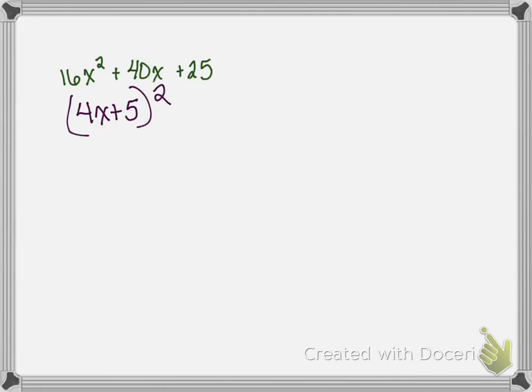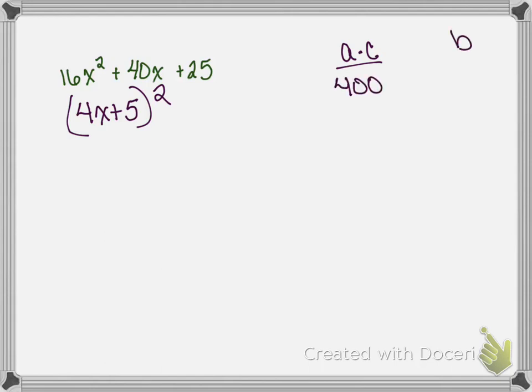But, like I said, I don't look at that and look for a perfect square trinomial. What I do is I go ahead and use my AC method. So I'm going to multiply my A and my C together. So I'm going to have 16 times 25. When that turns out to be 400, I might think, oh, this may be a perfect square trinomial because 400 is perfect. But I might not, too. I might just keep going using my AC method. So 16 times 25 is 400.